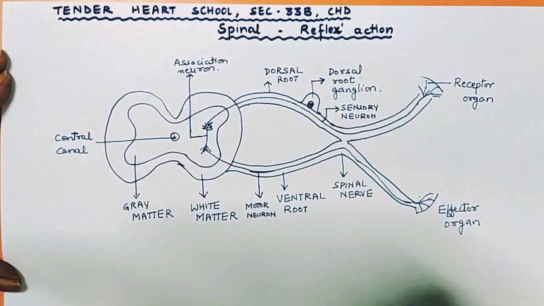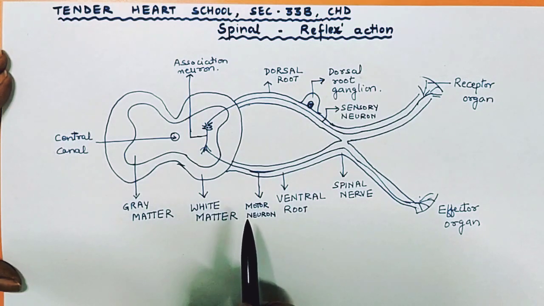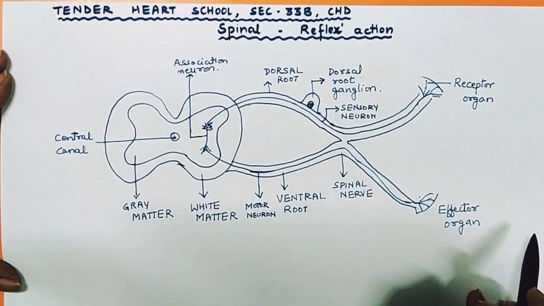This is a simple reflex action, right? Now, for following a particular shortest route for the reflex action, we are showing this diagram. This diagram is depicting the pathway of simple reflex action, right?